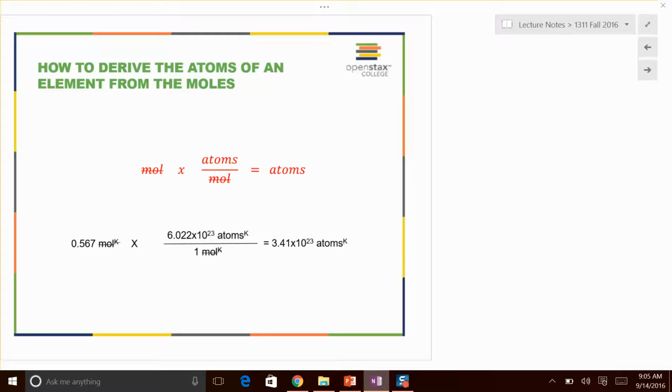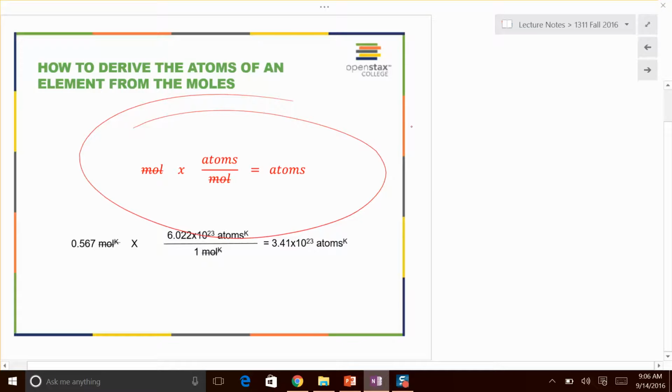I set up my conversion, take my number, and multiply it by my conversion factor. But this time, I put the atoms on top because that's what I want to get to. I divide by the moles, they cancel, and I will be left with my atoms. That's the dimensional analysis right there, okay?